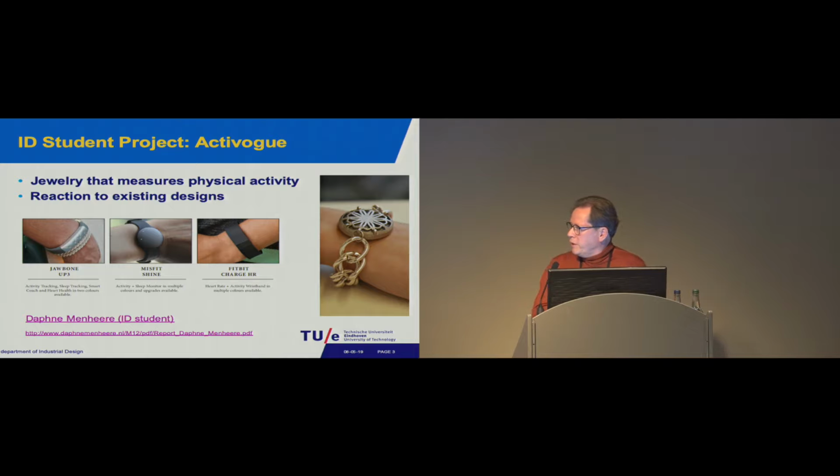This was a study of one of our students, Daphne Menere, one of the IDEA students, and a typical way of using this. She was interested in sports bracelets something like 5 years ago, or even longer. As I said, I'm a slow publisher. She was taking the products which were on the market at that time, and you see 3 examples of that.